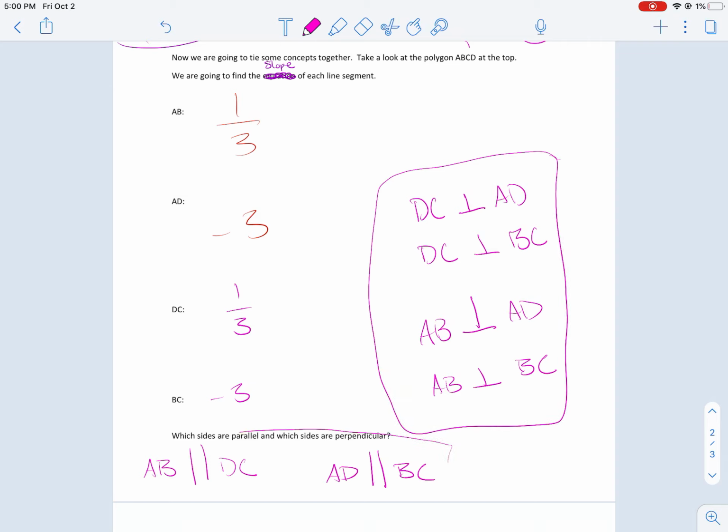Those are the relationships we have. As you can see, I've written them with the correct symbol in between. Okay, so you're going to start seeing that symbol more often, and it's a great way to shorten things up so you're not writing parallel and perpendicular all the time. Okay, and that is it.